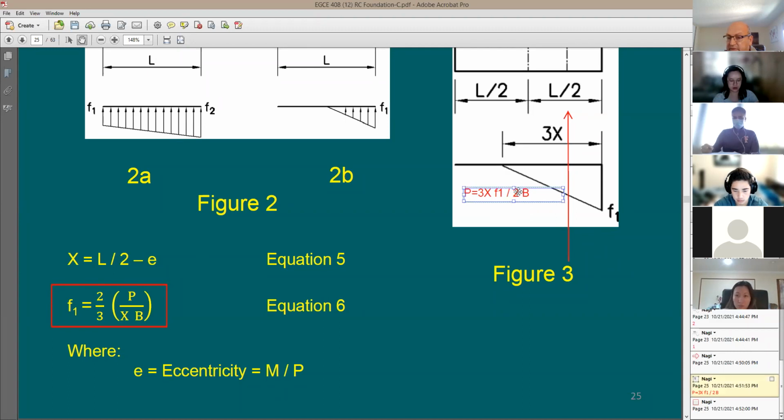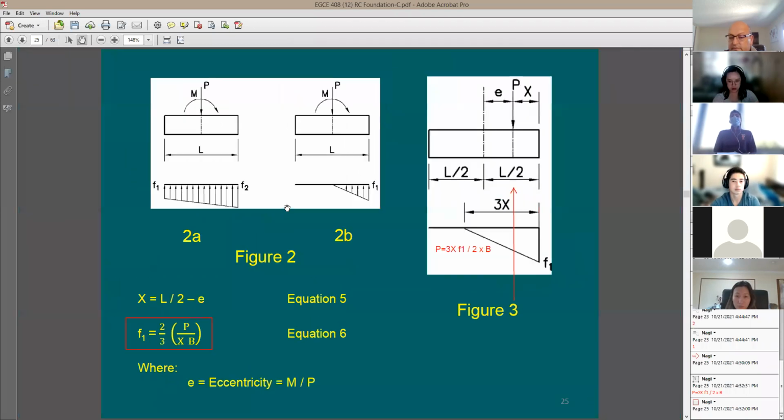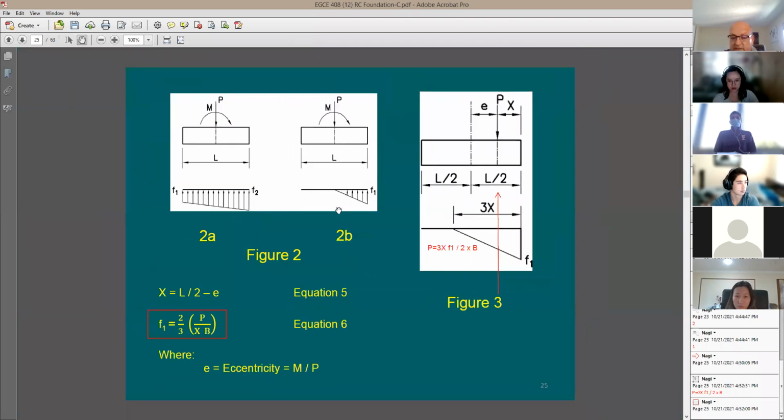This divided by 2 times B, right? Just want to be sure that we put it in the right way. So I'm going to say times B. So F1 is going to be equal to P divided by 3X multiplied by 2 and also divided by B, which is this equation here. Great.